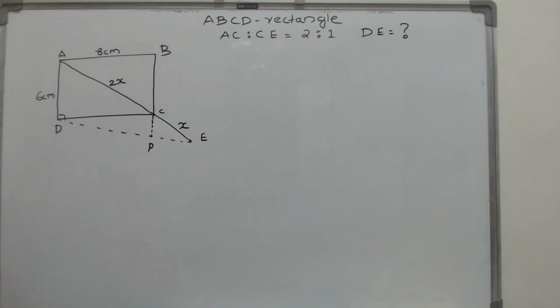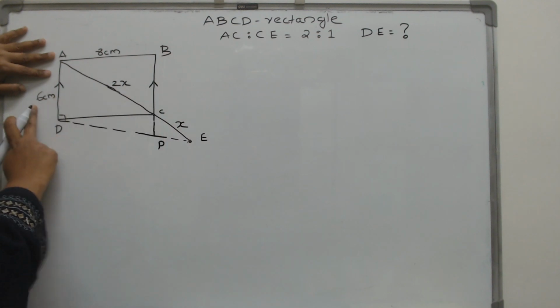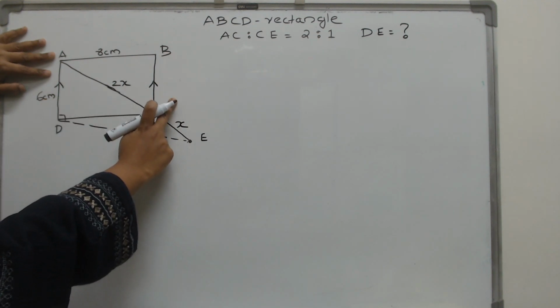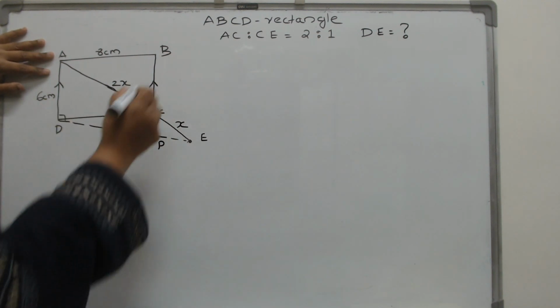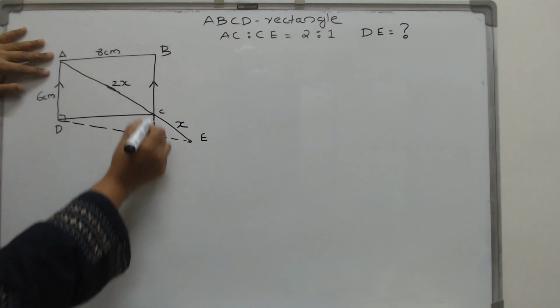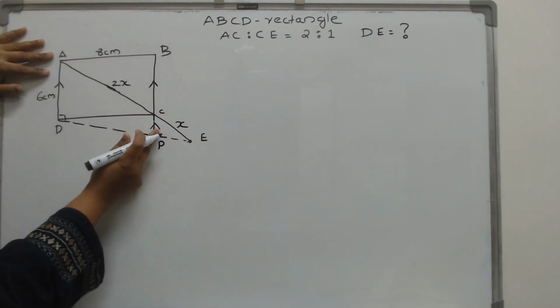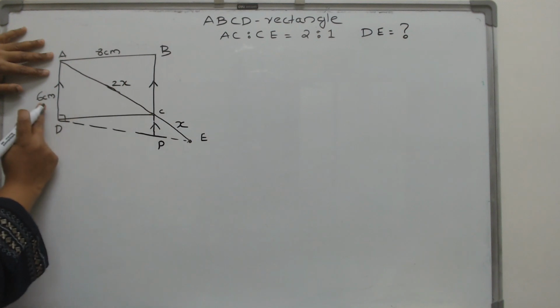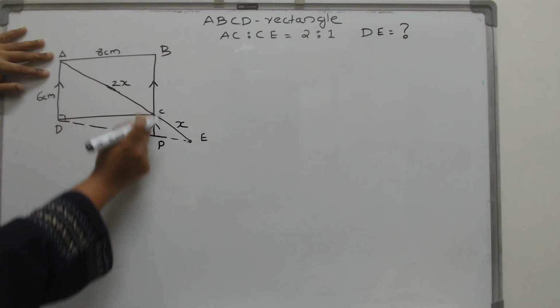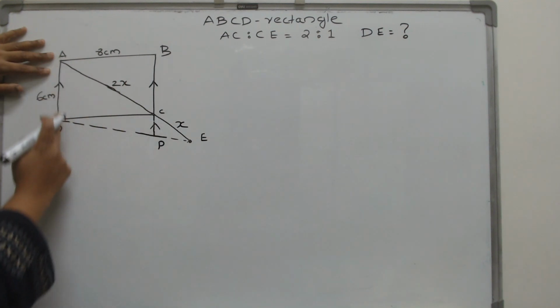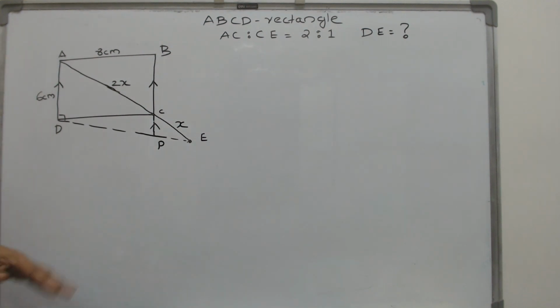That also works for this extension. If two lines are parallel to one another, when you extend it, this bit will also be parallel to this line here. This bit CP will also be parallel to AD. The property of being parallel also gets extended.